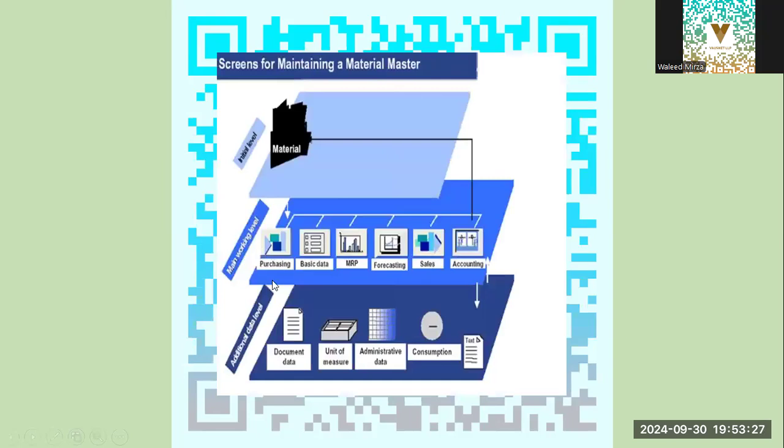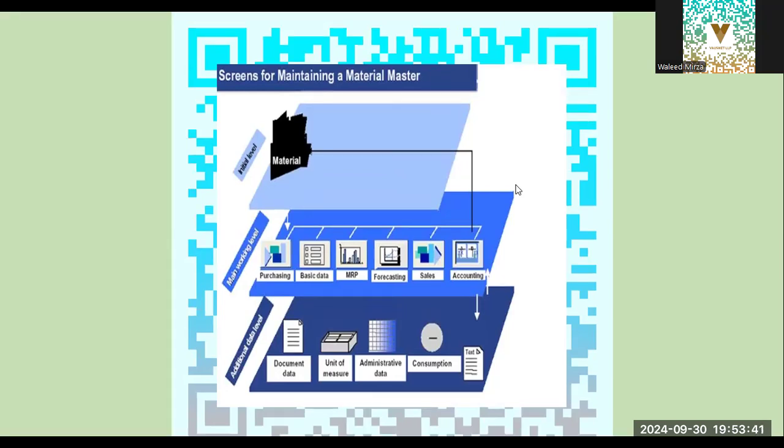So what are the screens that are available to us? The purchasing screen, basic data, MRP, forecasting, sales, accounting. Rather than we actually go into the presentation, let me just show you what we can actually have.